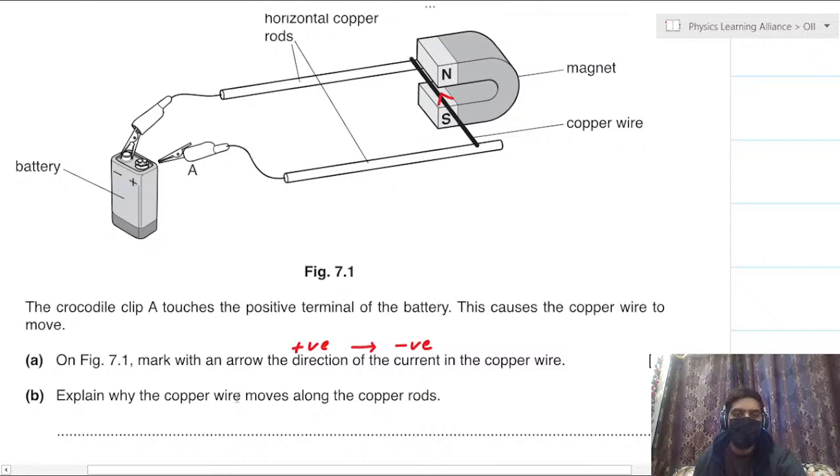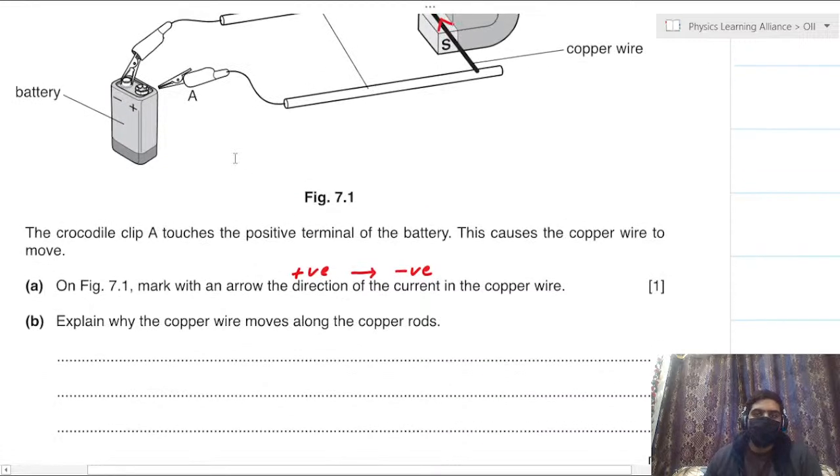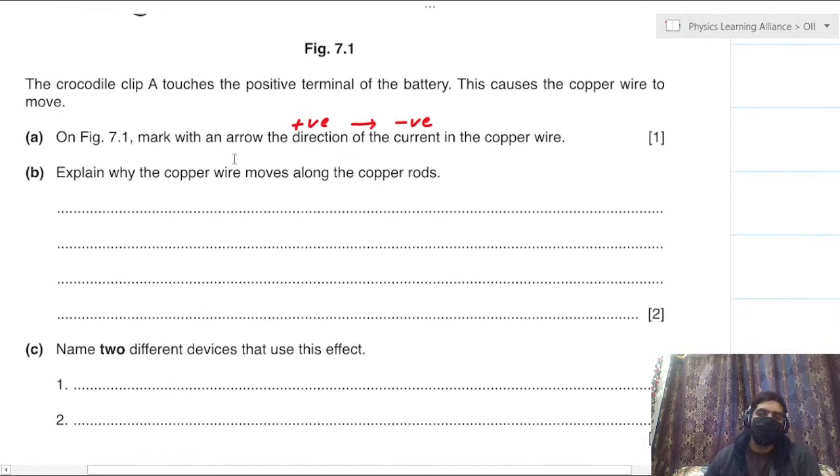Explain why the copper wire moves along the copper rods. And this is a 2-mark question. So that's the same thing. Whenever current passes through a conductor and we place that conductor in a magnetic field, force acts on it.